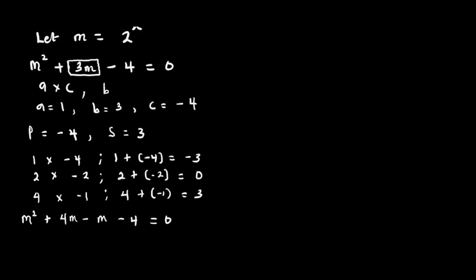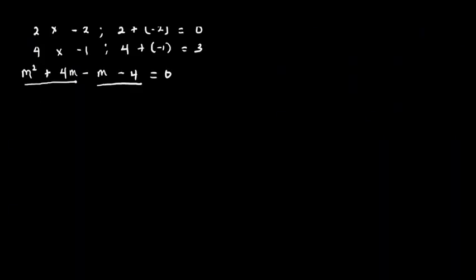So I need to group this together. I'm grouping this together, also grouping this together. So we have m squared plus 4m, we have minus m minus 4 equals 0.